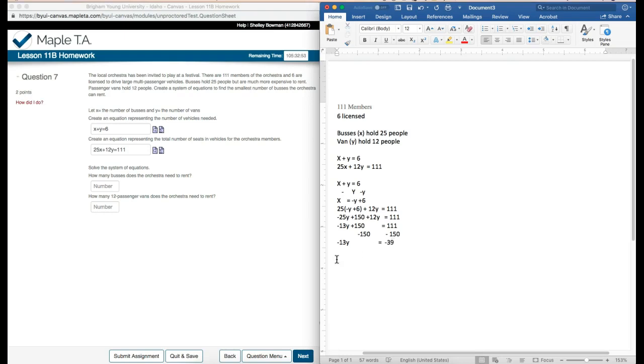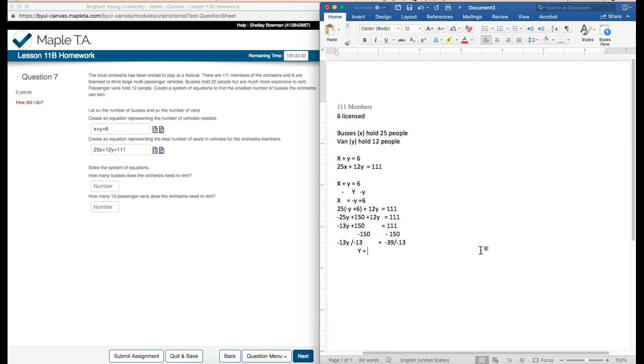And then to continue solving for y, I'm going to divide by the negative 13. Negative 13 divided by negative 13 is 1. Divide by negative 13. And so I end up with y equals on the left-hand side.